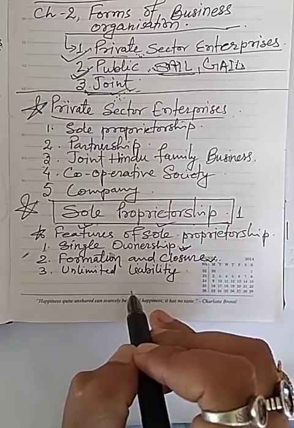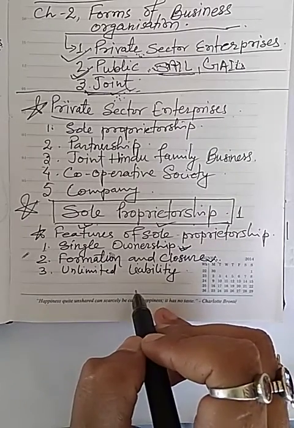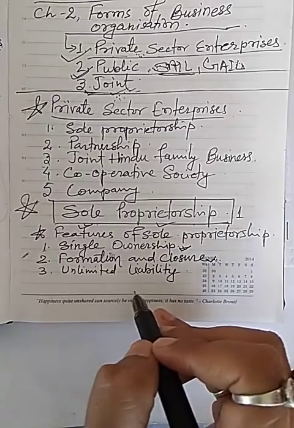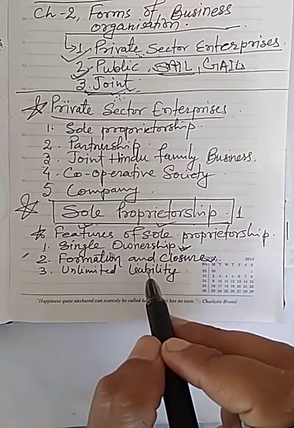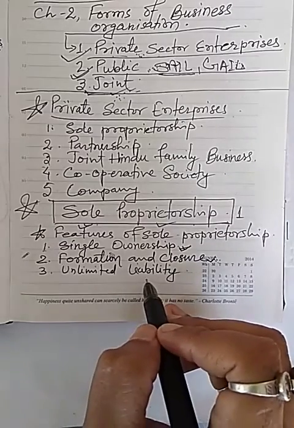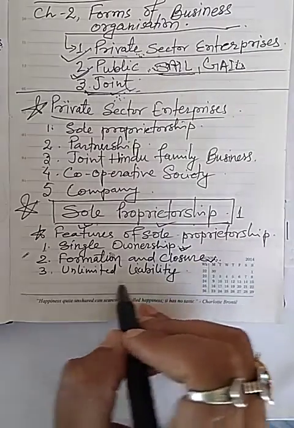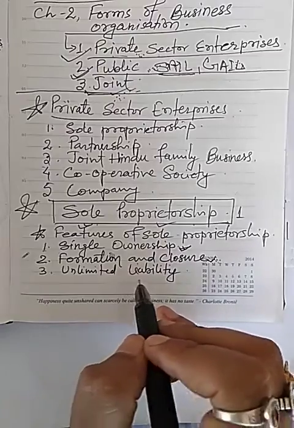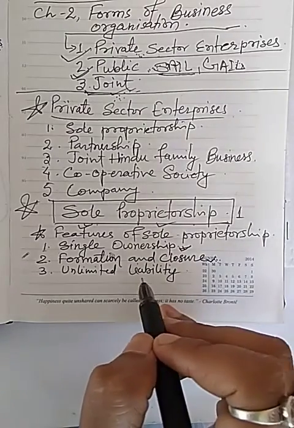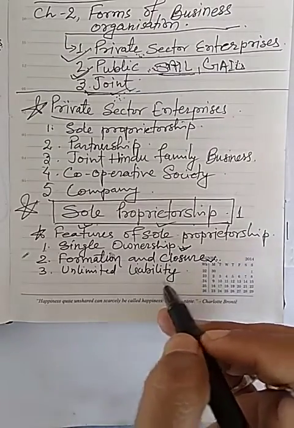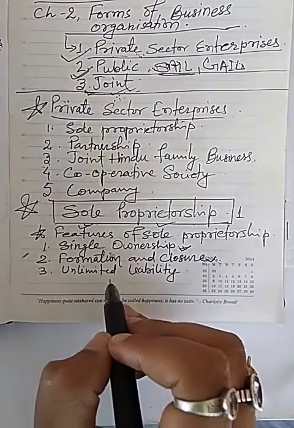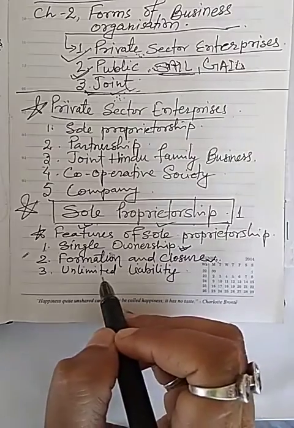In case of business losses, if the business assets are not sufficient to meet all business liabilities, the proprietor may have to sell his personal property to pay off the liabilities. So it has unlimited liability.